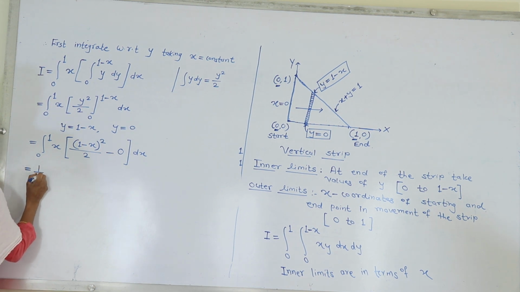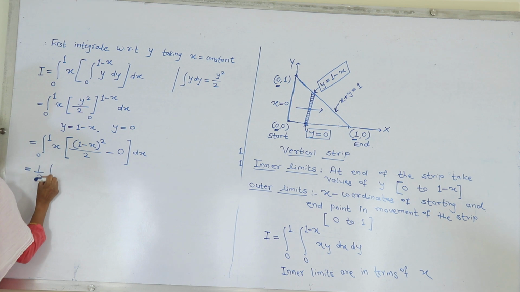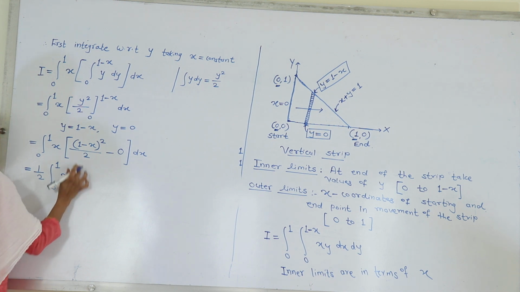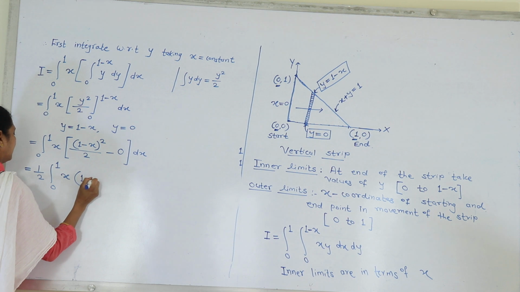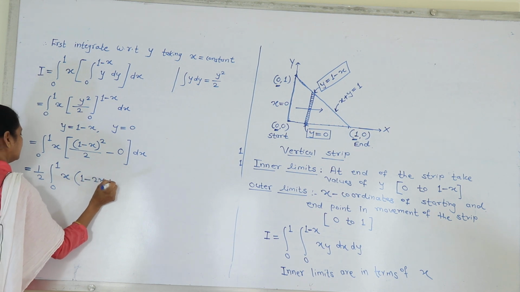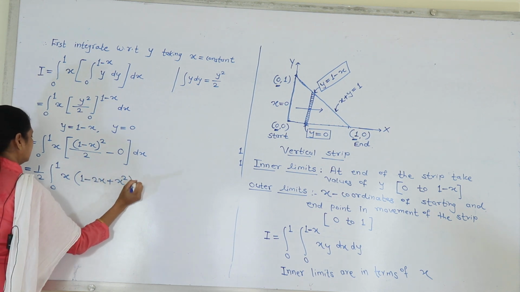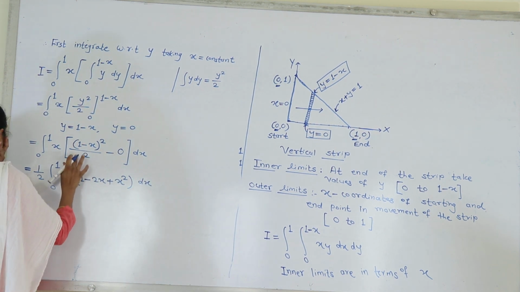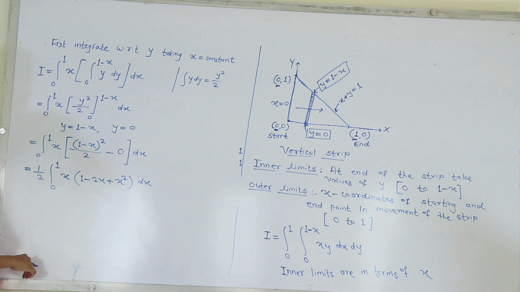Then 1/2 integration. The 1/2 is outside because it is constant, x into (1 minus x) square. Squaring, 1 minus 2x plus x square, dx. A minus b bracket square. 1 minus 2x plus x square, dx.